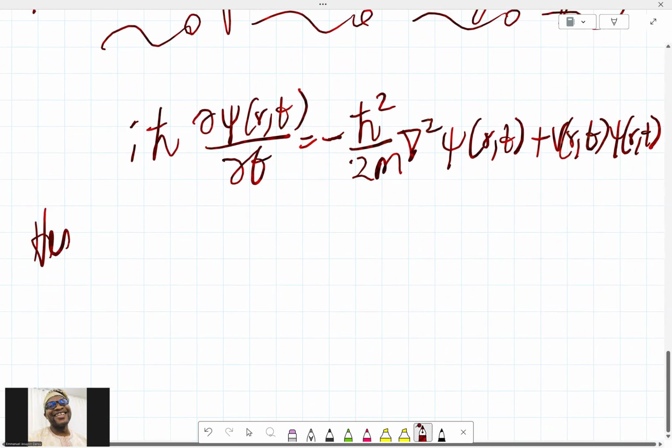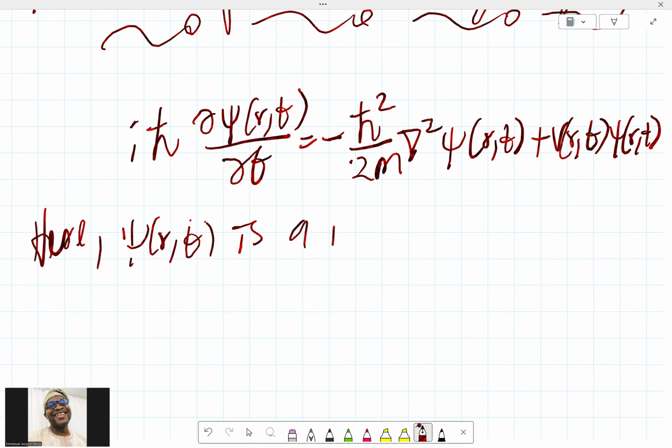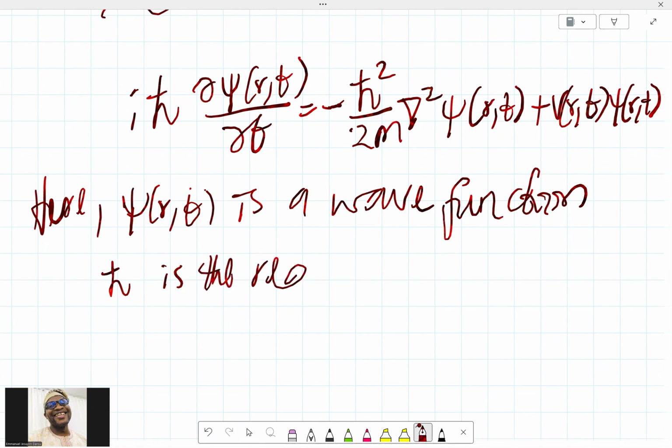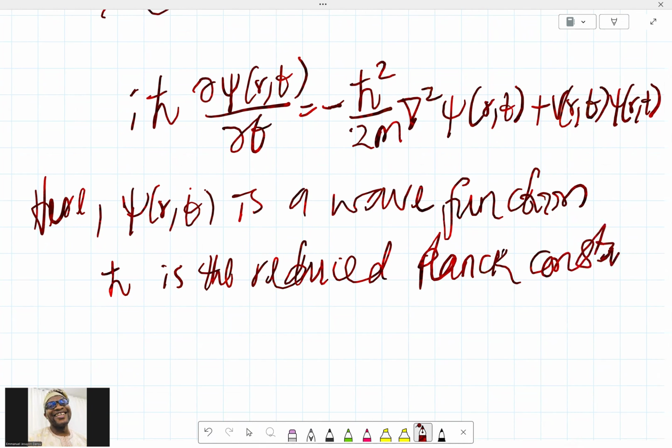So here, psi of r comma t is a wave function, and h bar is the reduced Planck constant. m is the particle's mass.